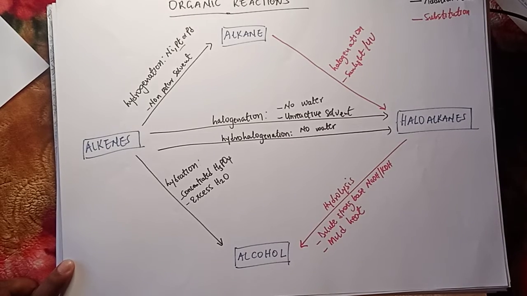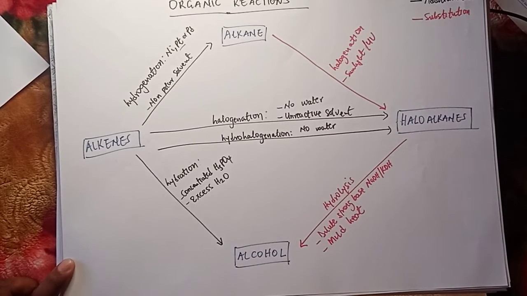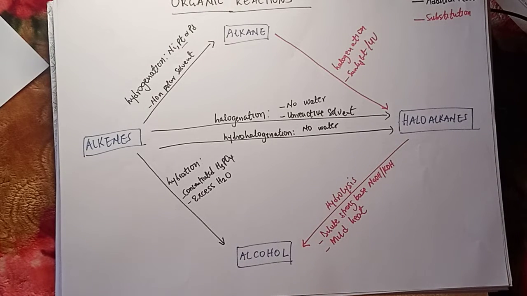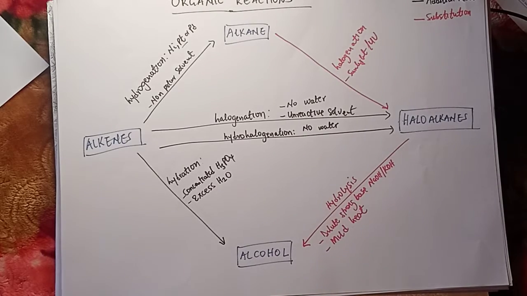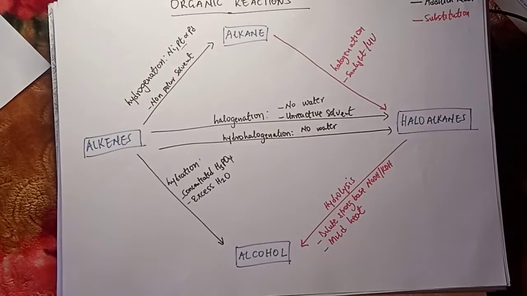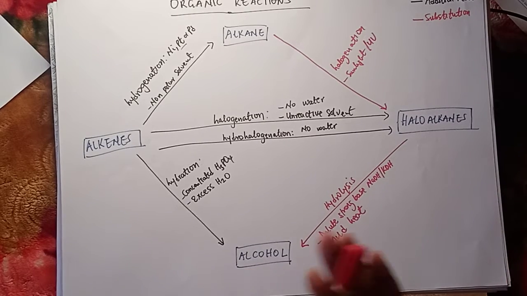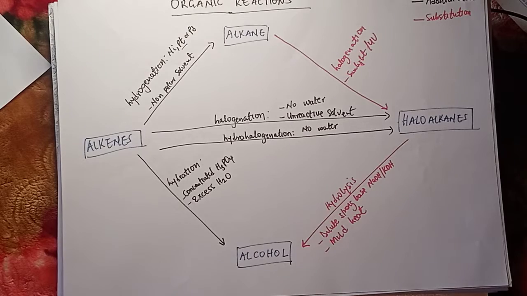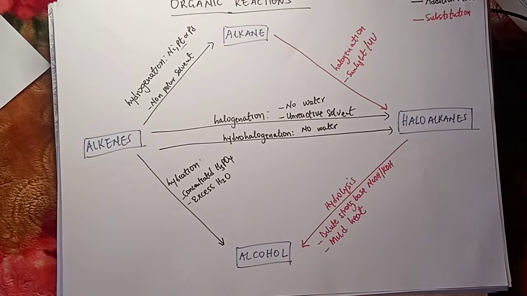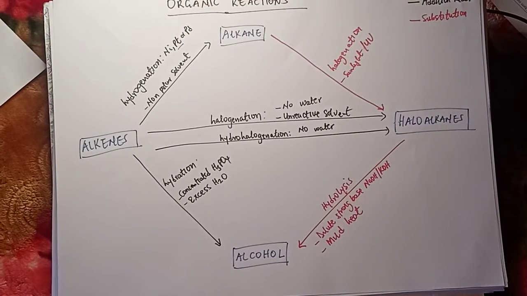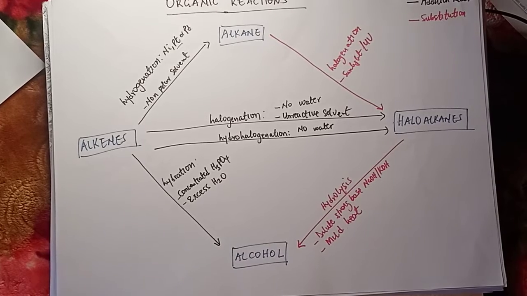It's also a form of substitution reaction. We'll talk about each of these reactions in detail, but I want you to see the overall view because we are trying to summarize it here, so that you will be able to identify which reaction is substitution and which one is addition or elimination.